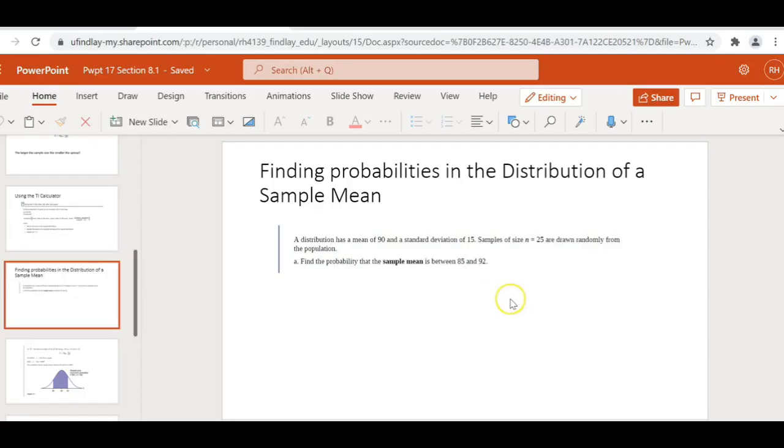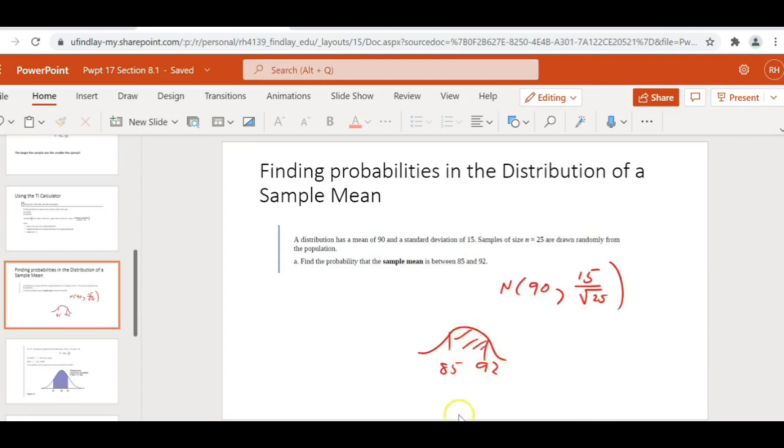This is exactly the same thing we were doing before. The only difference is we're going to work in the sampling curve, where the mean stays the same and the standard deviation gets divided by the square root of the sample size. You're going to do a normal CDF here from 85 to 92.